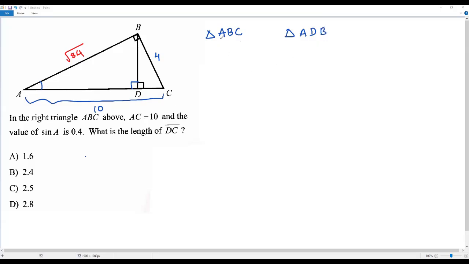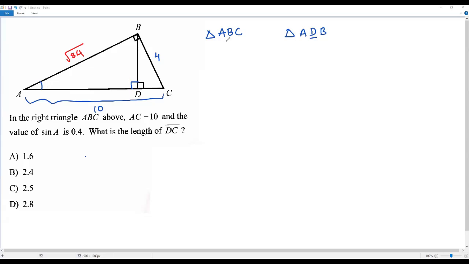Here we find the vertex A in common in both the triangles. So this is a common angle for both the triangles. So the angle measure of the vertex A over here is the same because it's a common angle. And we have a right angle at the vertex B in the right triangle ABC. So here at D, we have the right angle.